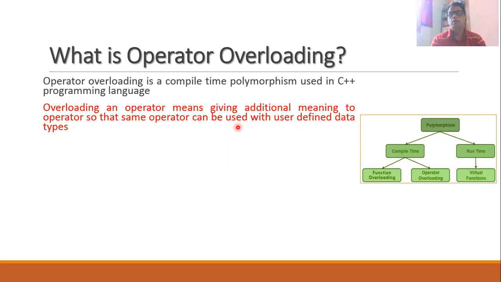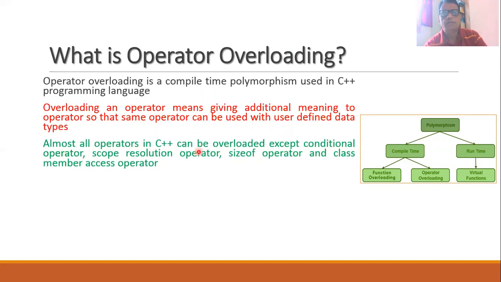It is also possible to define new data types in a C++ program. Such data types are called user-defined data types. All such operators can also be used with user-defined data types. For example, a binary operator such as plus can be used for the addition of integers. The same operator can also be used for addition of complex numbers or for addition of two vectors. When we achieve this, it is called operator overloading.